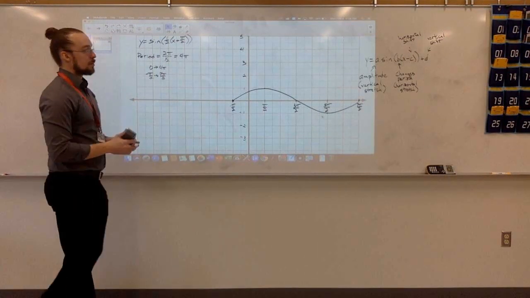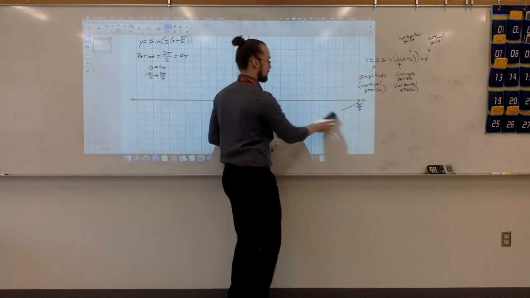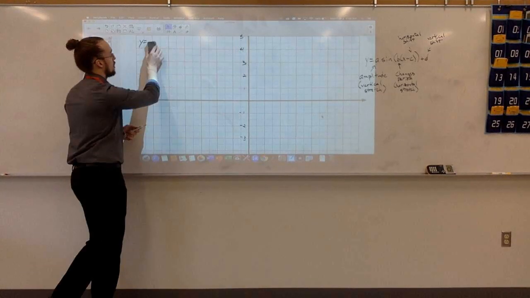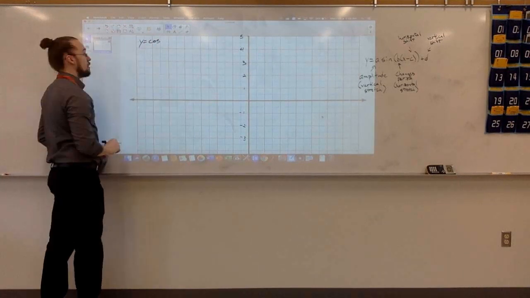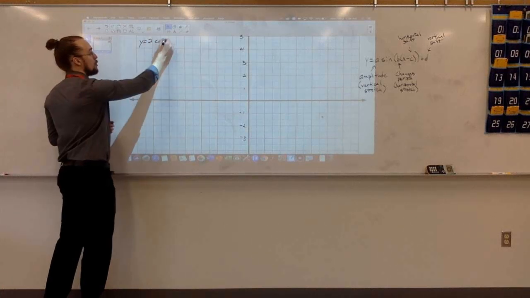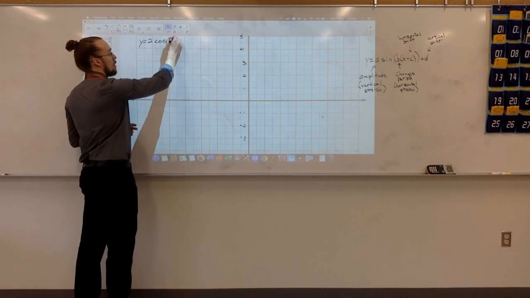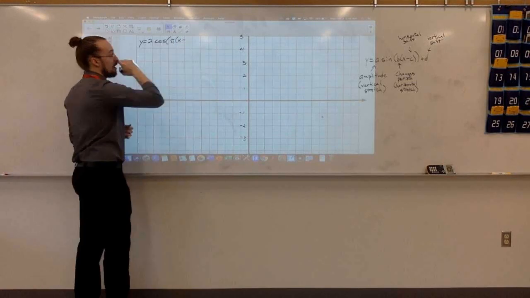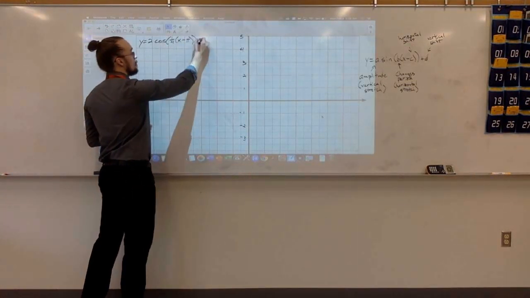All right, let's do one where we've got all 4 values. Two cosine of 1/4 times x minus pi, minus 1.